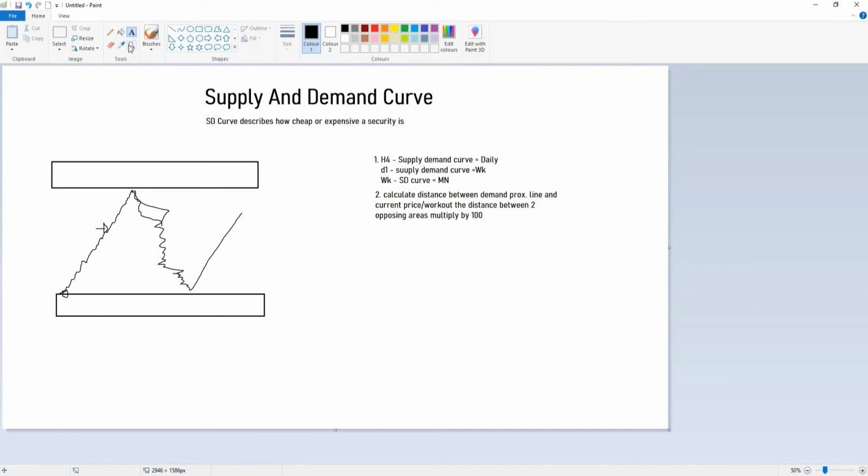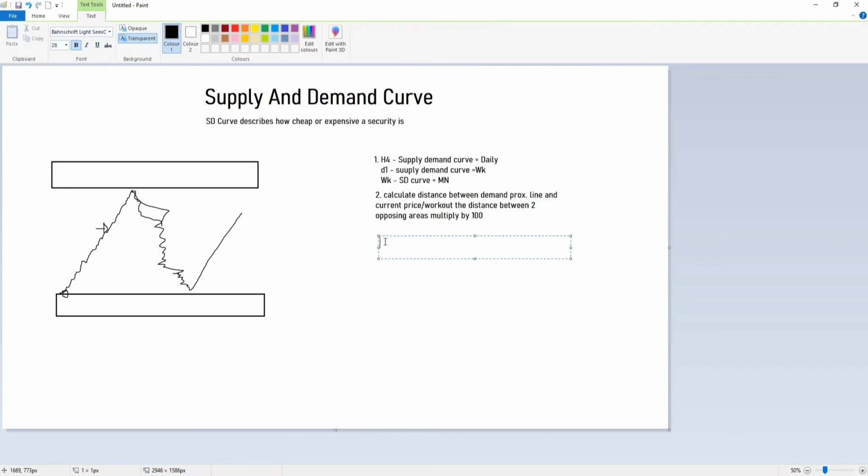Now, how do you know when you are in a supply or demand territory, or buy territory or sell territory? So these are the other things that you need to note. From 0% to 25, you're in your buyer's territory. I'm not sure if I'm spelling it correctly, but you heard me, buyer's territory, right?